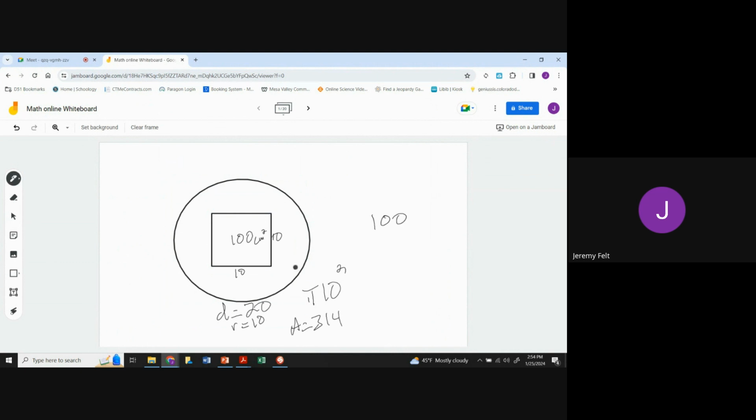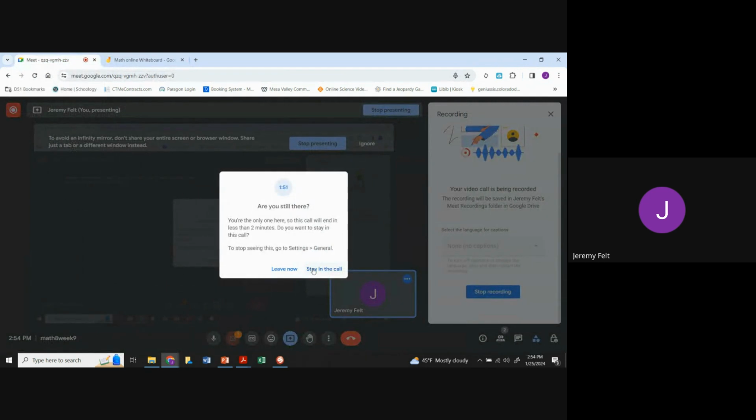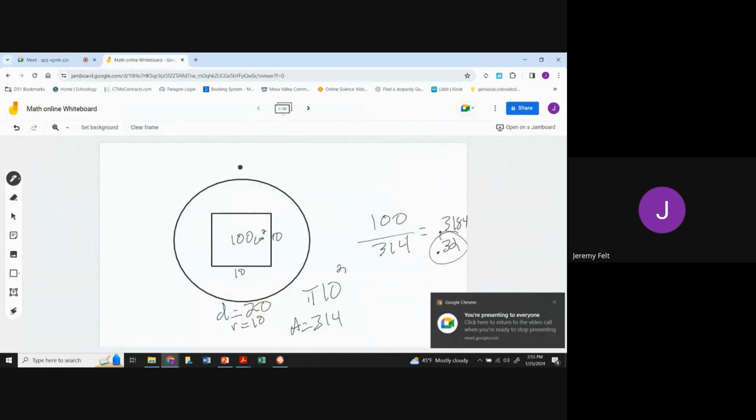So 100 over 314 equals 0.3184, and continuing on to two decimal places, we'll call it 0.32. So 0.32, about 32%.